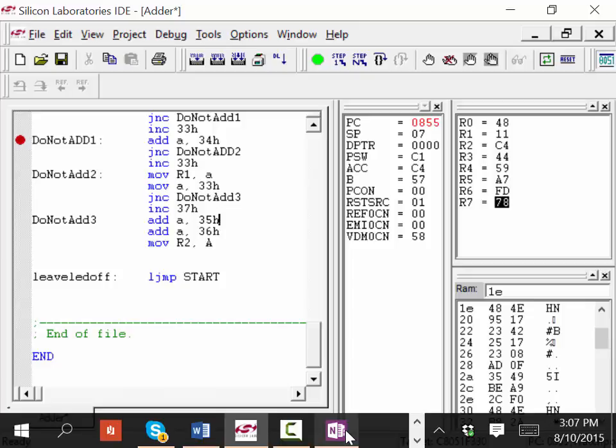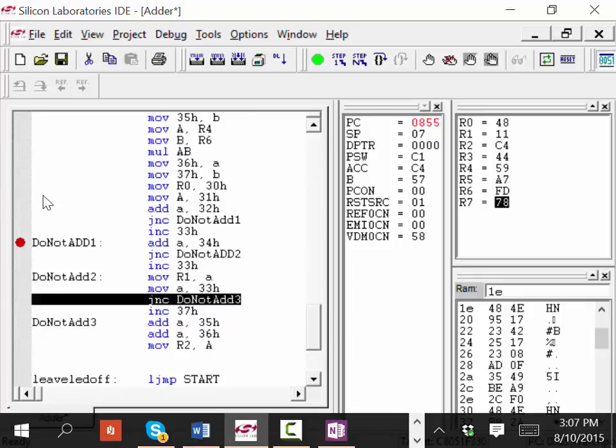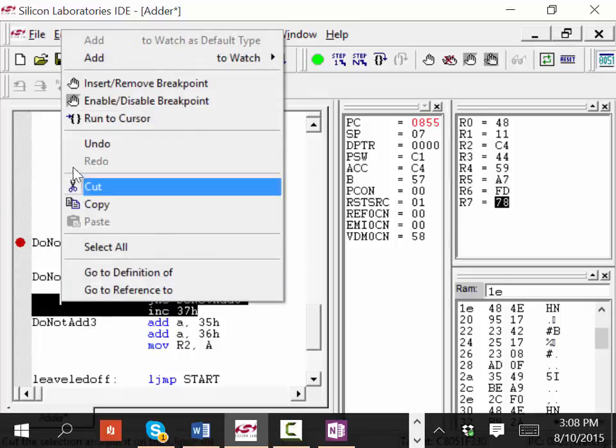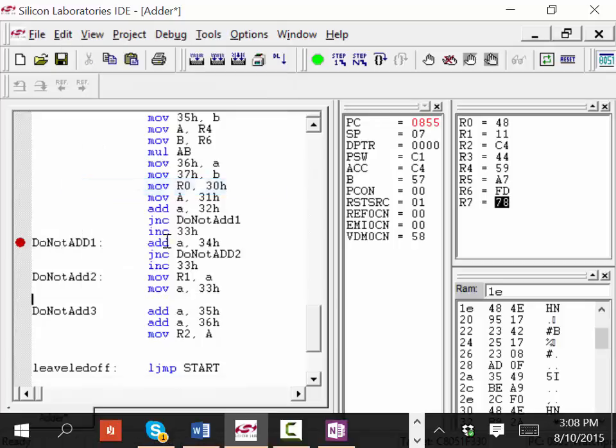Hold on here. Hold on, I messed something up here. Move 33 to A. This is in the wrong place. Cut. Sometimes we make these mistakes here.